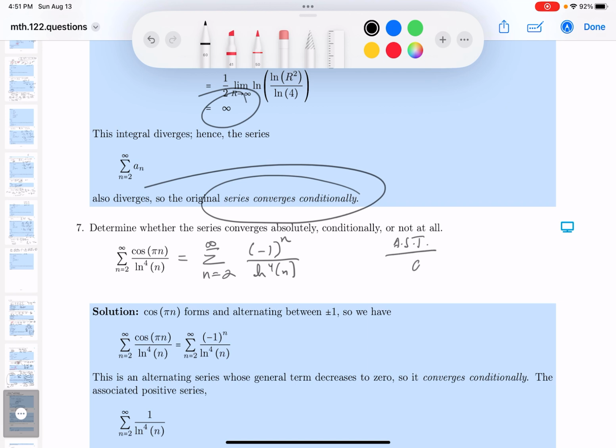And I'm going to write AN down for you. And what's AN? AN is going to be 1 over the fourth power of the natural log of n. And I'm pretty much convinced, I should write it down, by the way, as n goes to infinity, AN goes to 0.